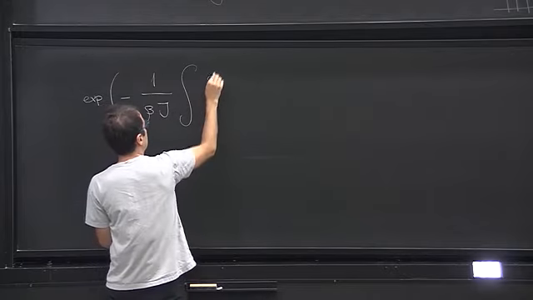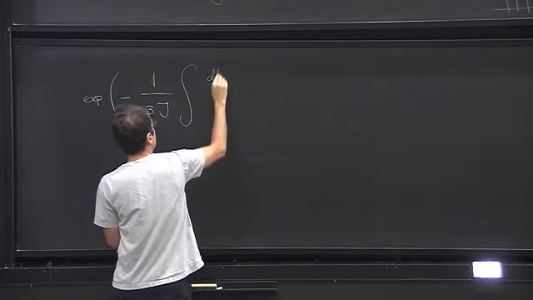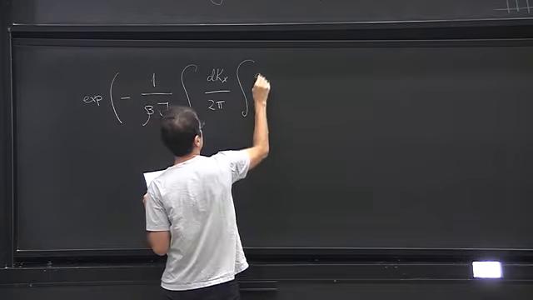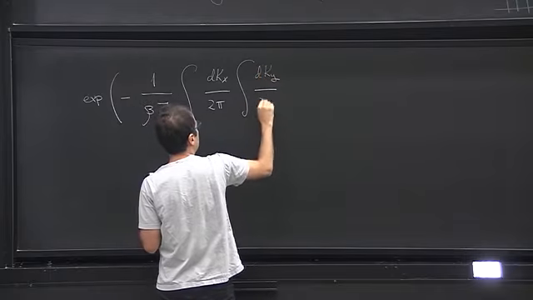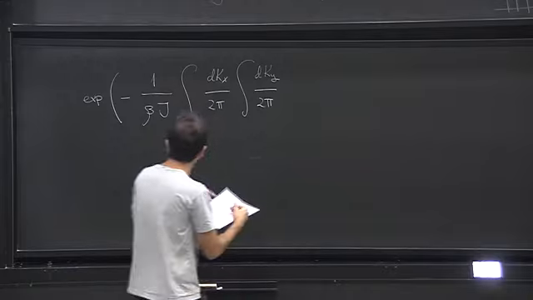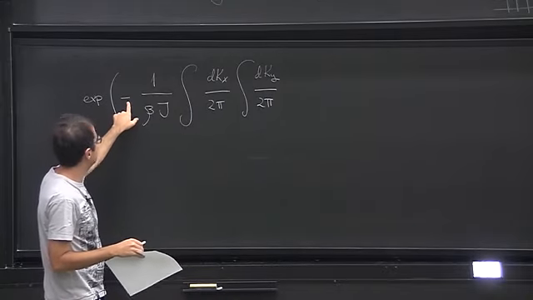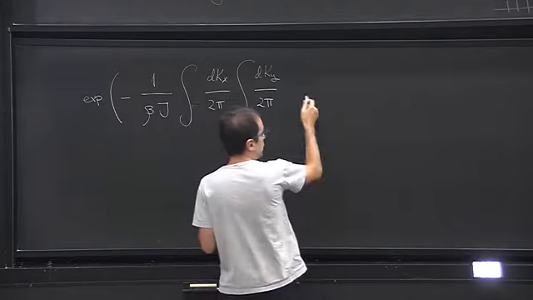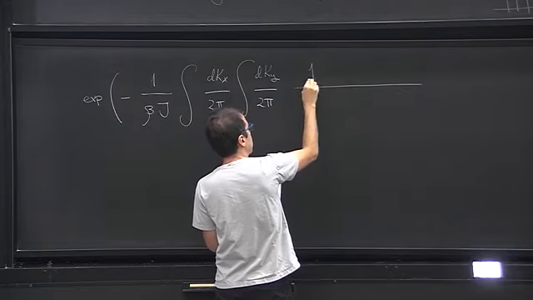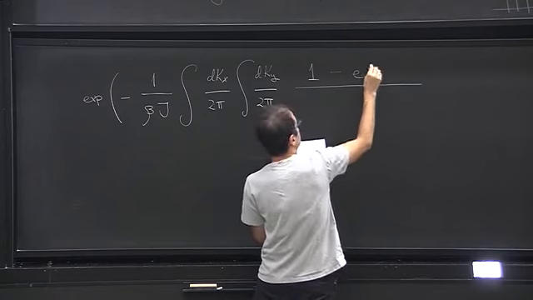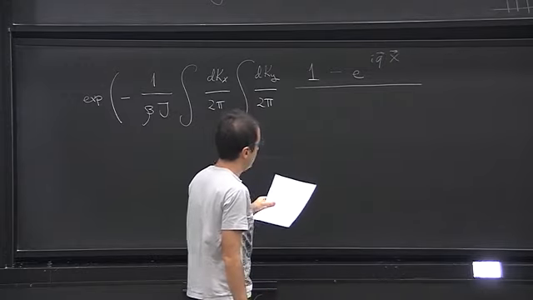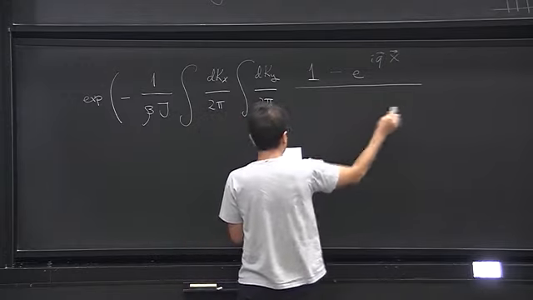So what we want to do now is to compute this exponential of minus 1 over beta j, integral dkx over 2 pi, integral dky over 2 pi. And then I put a minus here. There was no minus in the exponent, but that's because I'm going to write g of 0 minus g of x. So upstairs, g of 0 has exponential 1, and g of x has e to the i q dot x. And then I'm going to write the sine squares in this way.